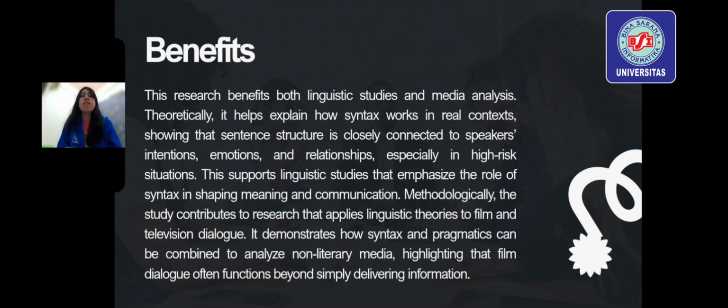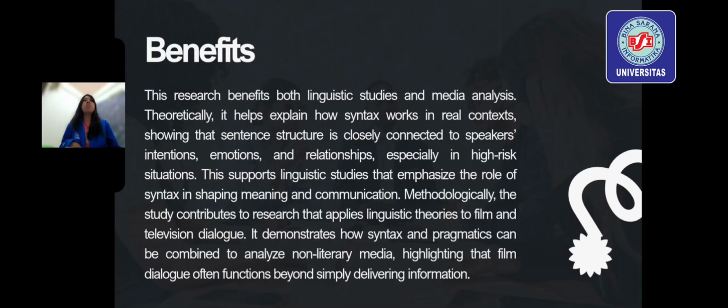Theoretically, it helps explain how syntax works in real context, showing that sentence structure is closely connected to speakers' intention, emotions, and relationships, especially in high-risk situations. Why high-risk situations? Since Into the Night on Netflix is about surviving from the sun. This is a little bit of a spoiler alert.